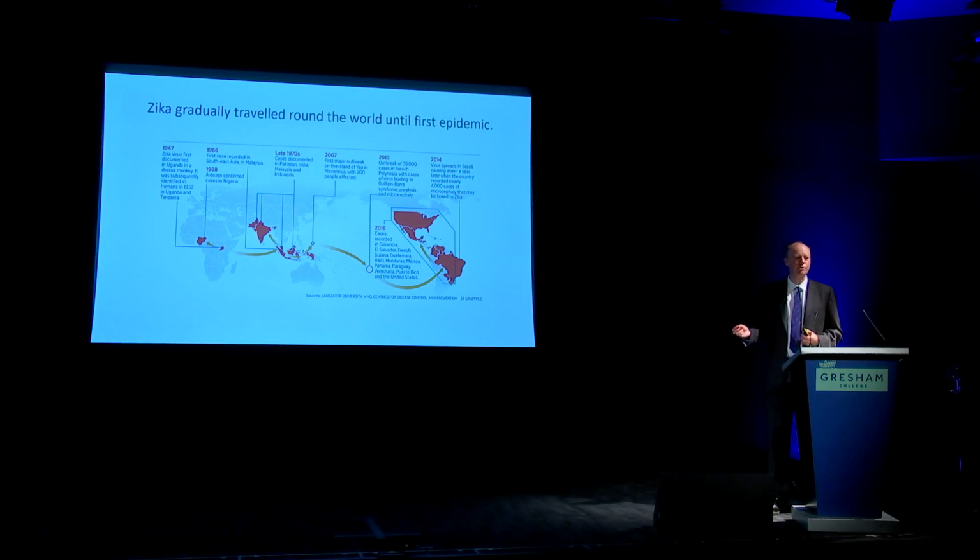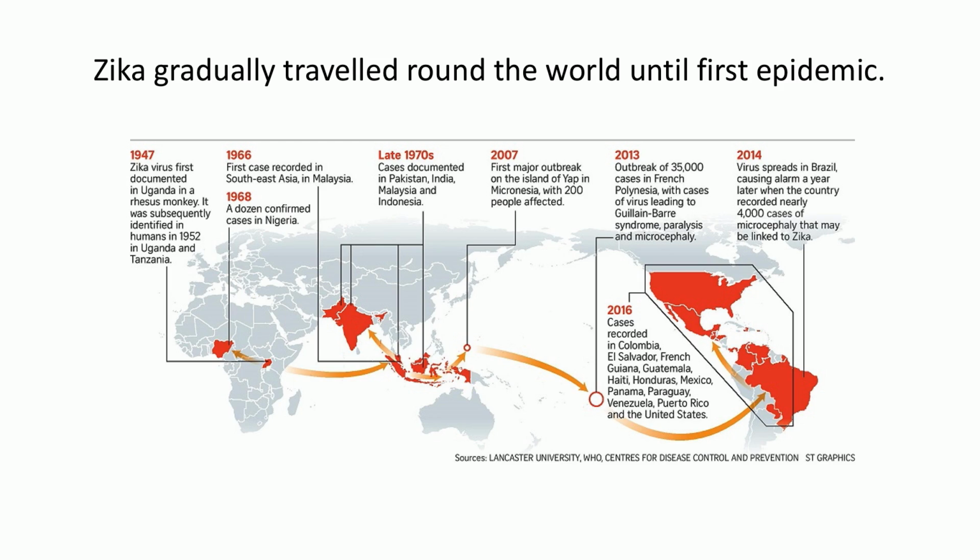It was first described in the 1940s in Uganda, and then it went by a route carried by humans, by aircraft. It basically hitchhiked all the way across to Asia, then across the Pacific, stopped off in French Polynesia, and then into Latin America.